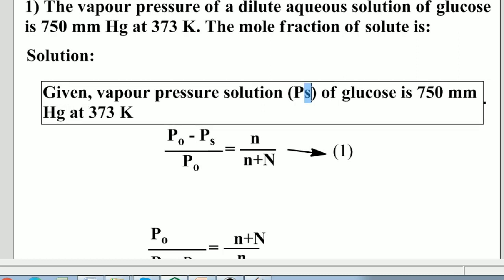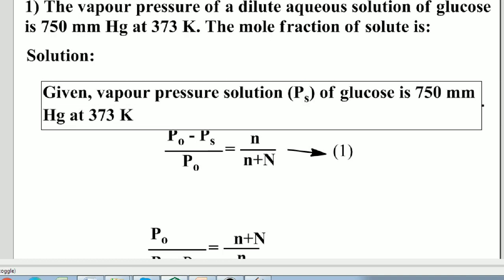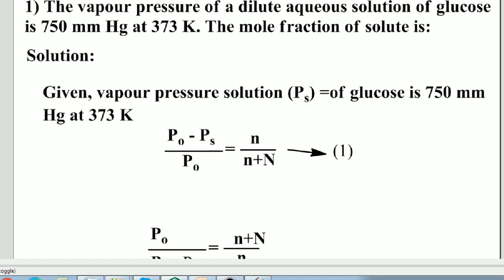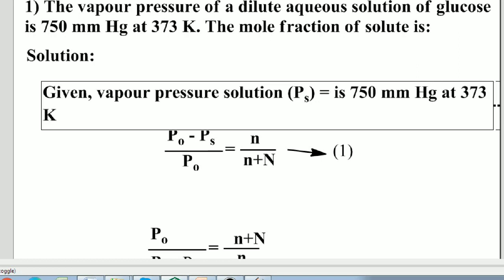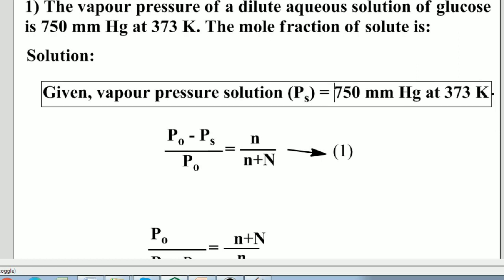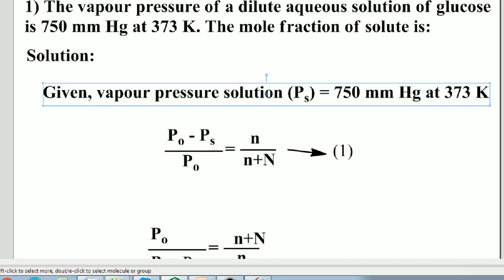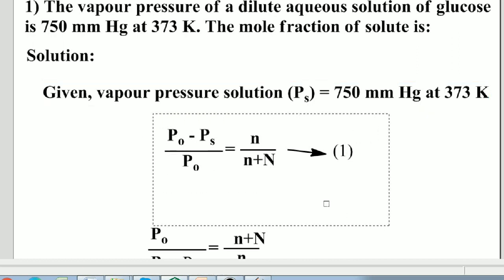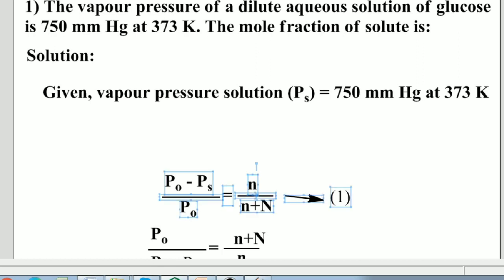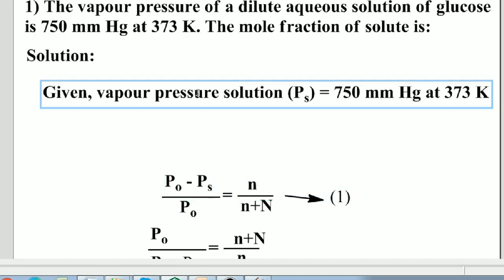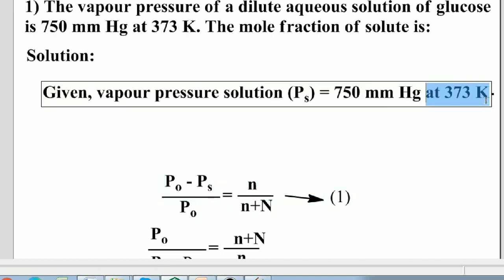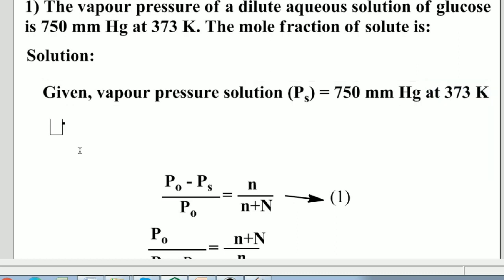Ps is used to denote the vapor pressure of a solution. The vapor pressure of the solution is given as 750 mm of Hg at 373 Kelvin. Students, we know that 373 Kelvin means 100 degrees centigrade.